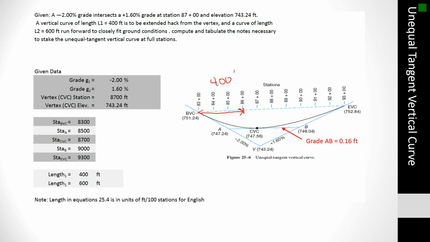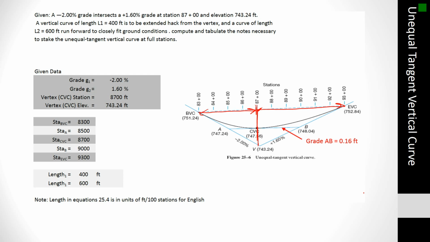And from the vertex to the end of vertical curve is L2, and it is 600 feet. So what it's saying is from here, we have two curves that we're going to be looking at. A vertical curve coming from the beginning to the PVI and from the PVI to the end.